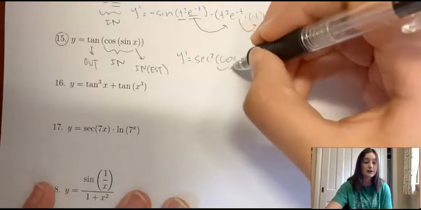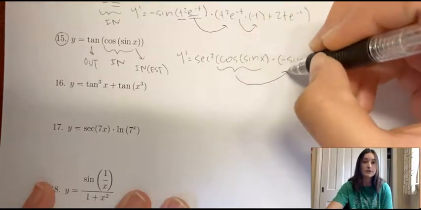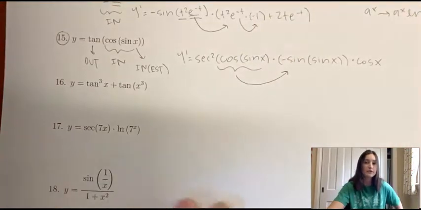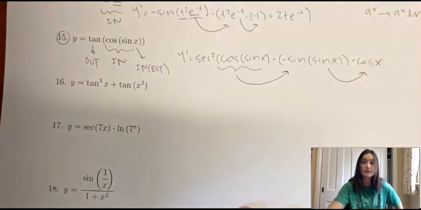On 16, I think this is a really good example of how to recognize the inner and outer function. So let's start looking at that after I do my rainbow underlines.